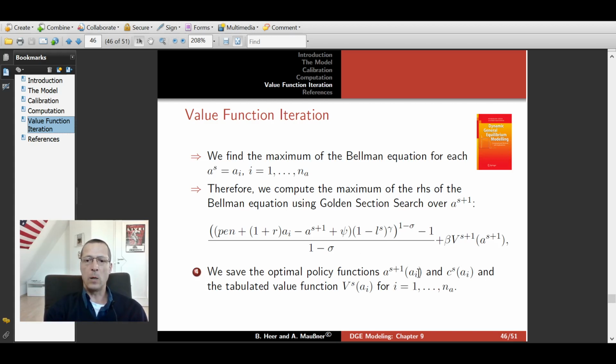So for our wealth at age 59 at point A_i, we know the optimal policy functions A_{s+1} and C_s. And we also, of course, tabulate the values of the value function at age 59 at all grid points. And so we continue backwards in time, backwards in age, going from age 60 to 59 to 58 and so on.